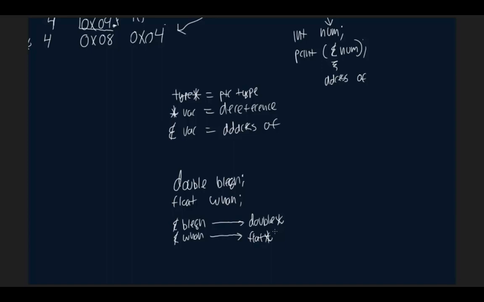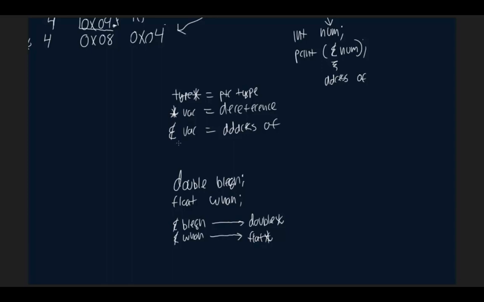Should it be dereference space var or dereference var? I would prefer there not to be a space here. I always dereference my variables by placing an asterisk immediately before the identifier.